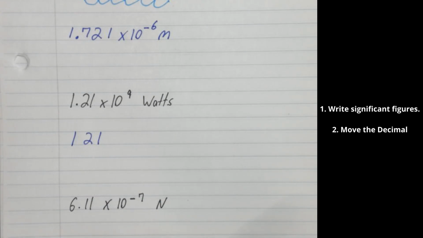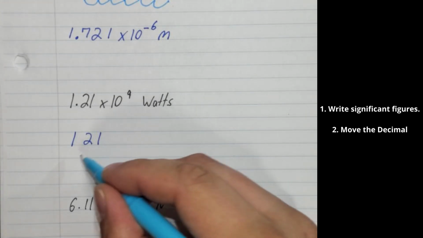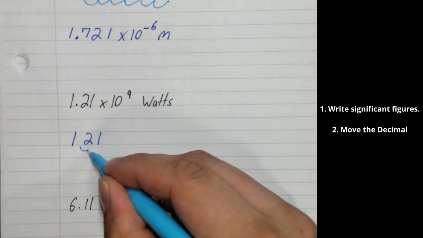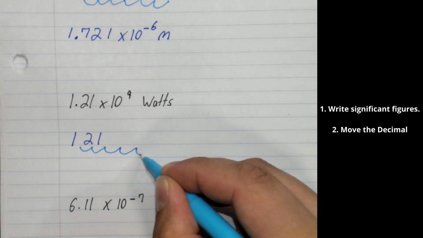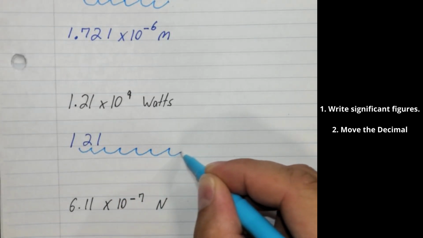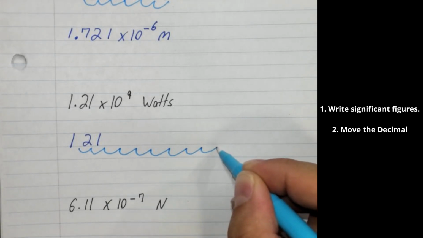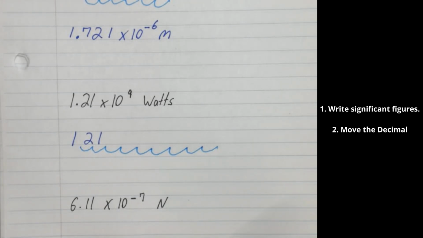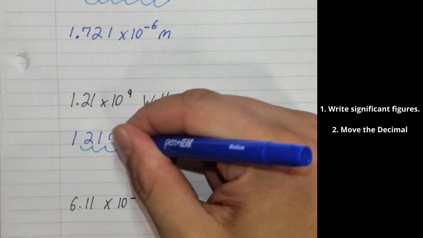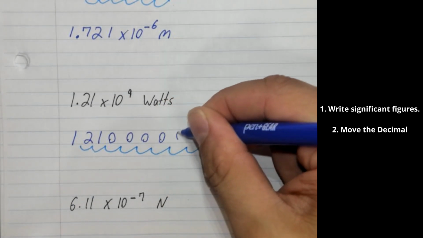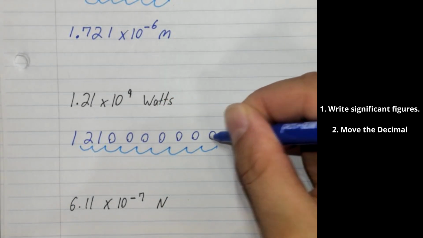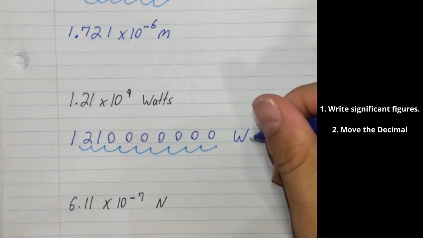And then just basically fill in my number with some non-significant zeros. So I've got to move it 1, 2, 3, 4, 5, 6, 7, 8, 9 times, and I'd fill in all those spaces here with my insignificant zeros, and that's in watts.